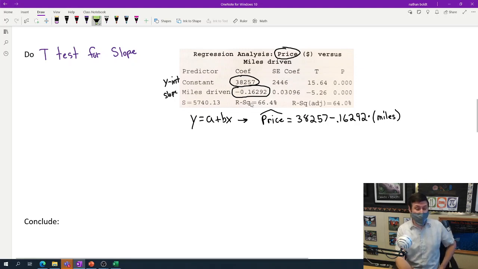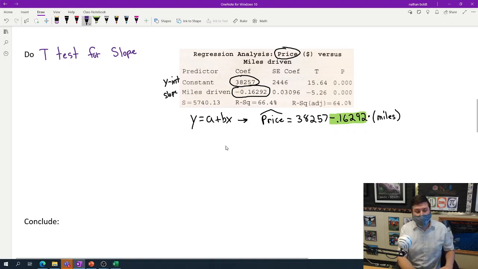We are testing, is this an actual slope? Is this an actual relationship, or is this number just from sample variability? Was it just random chance that we happen to see a downward trend here, or is there actually something happening? We have to test that.